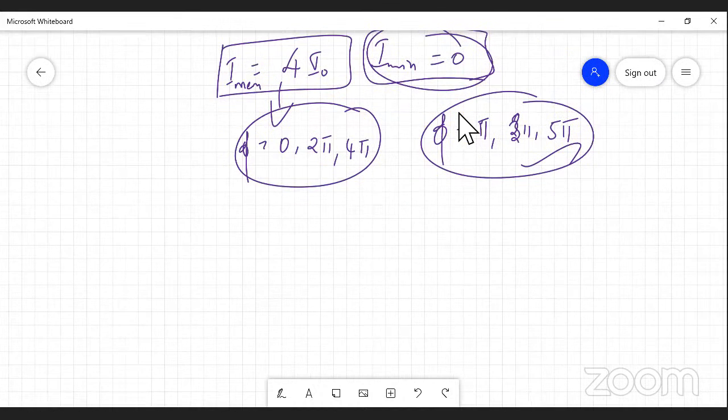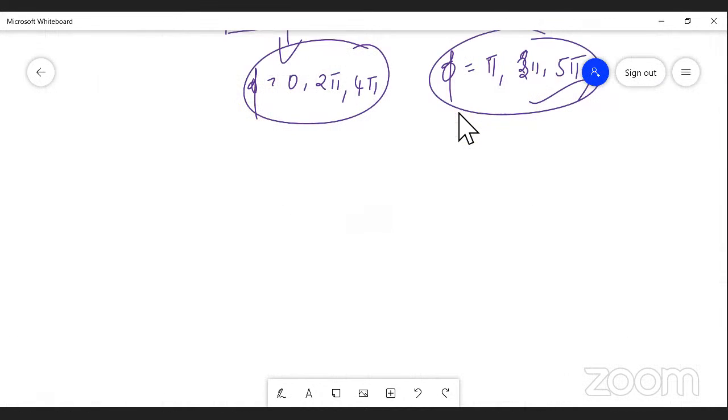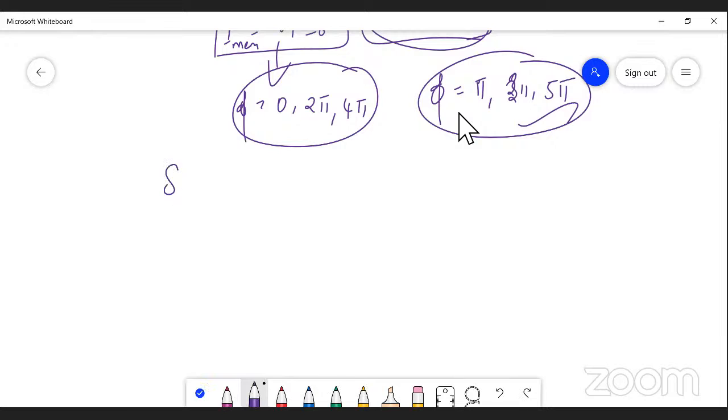Another question was sent to me: what is the relation between phase difference and path difference? You know well the equation of path difference: delta is equal to lambda divided by 2 pi into phase difference.